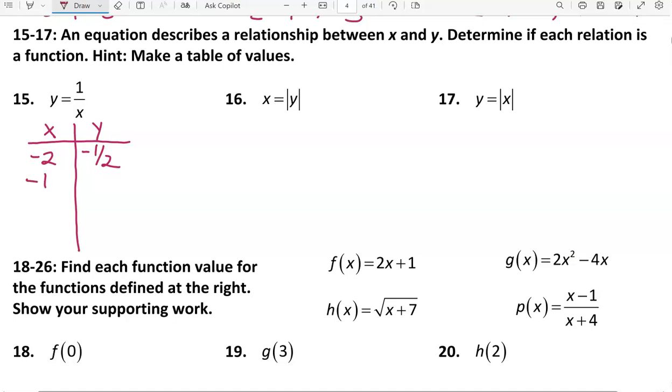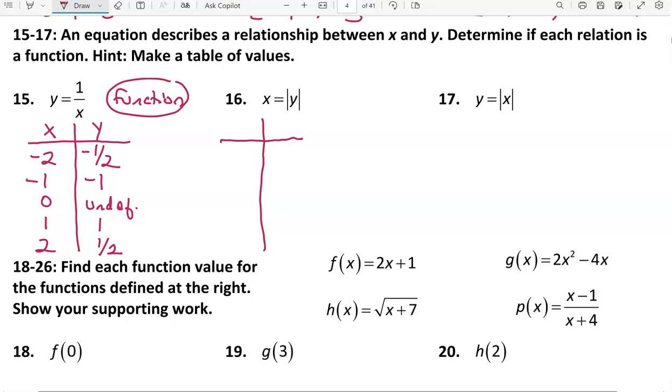If x is -1, y is -1. If x is 0, y is undefined, because 1 divided by 0 is undefined. If x is 1, y is 1. If x is 2, y is 1/2. It doesn't seem that we ever get more than one y value for each x value, so I'm going to declare that this is a function.